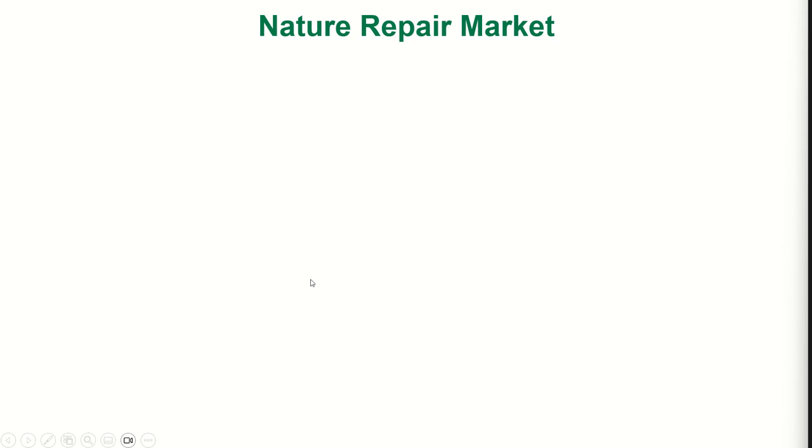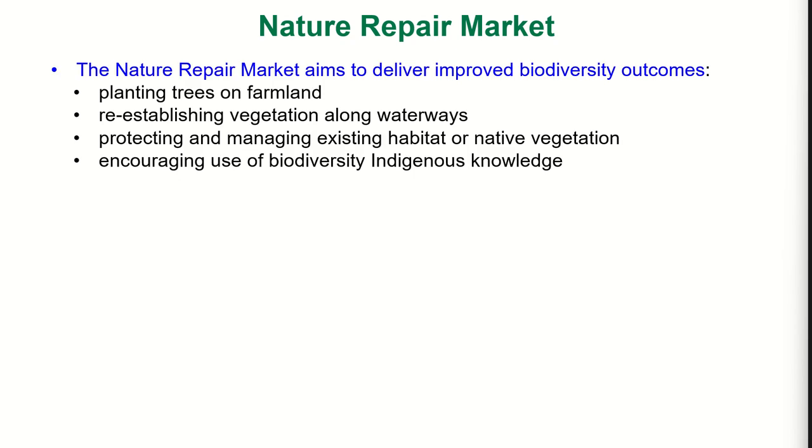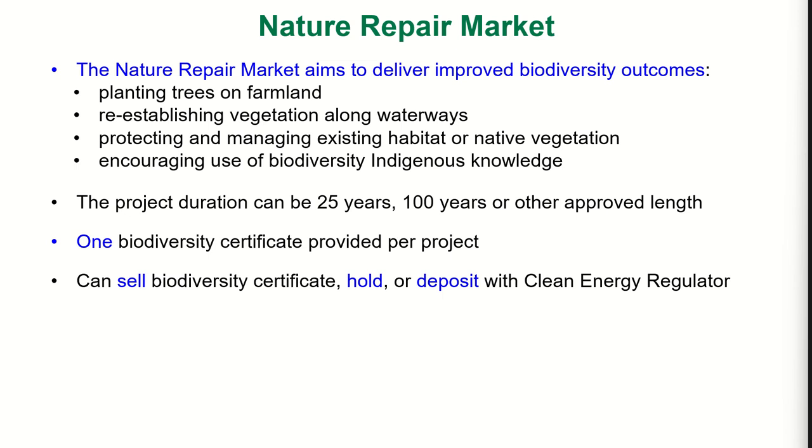The nature repair market was one of the world's first biodiversity markets. It was legislated by the Australian government in late 2024. There's a bunch of different things that you can do there. The main aim is environmental stewardship, so paying people for restoration of biodiversity outcomes through planting trees, establishing vegetation along waterways, protecting existing habitat, and encouraging use of indigenous biodiversity knowledge.